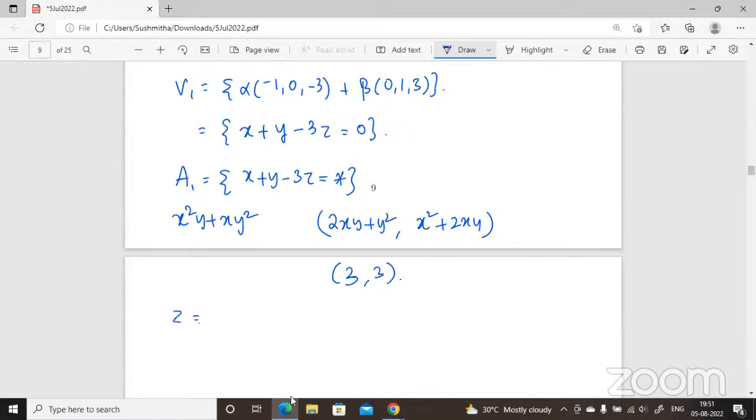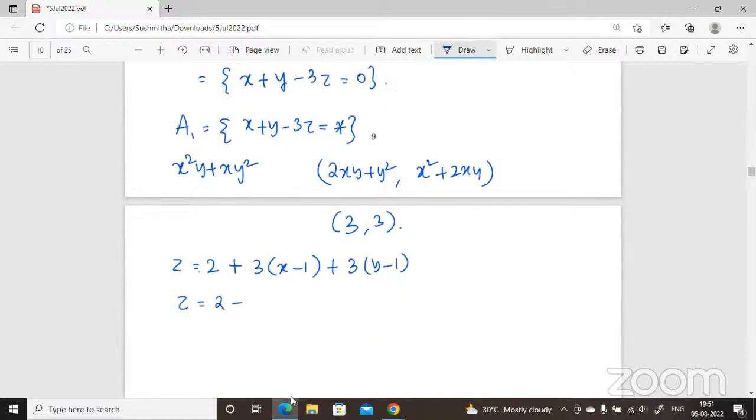So z is equal to f of a comma b, 2, plus fx of a comma b into x minus a plus fy of a comma b into y minus b.